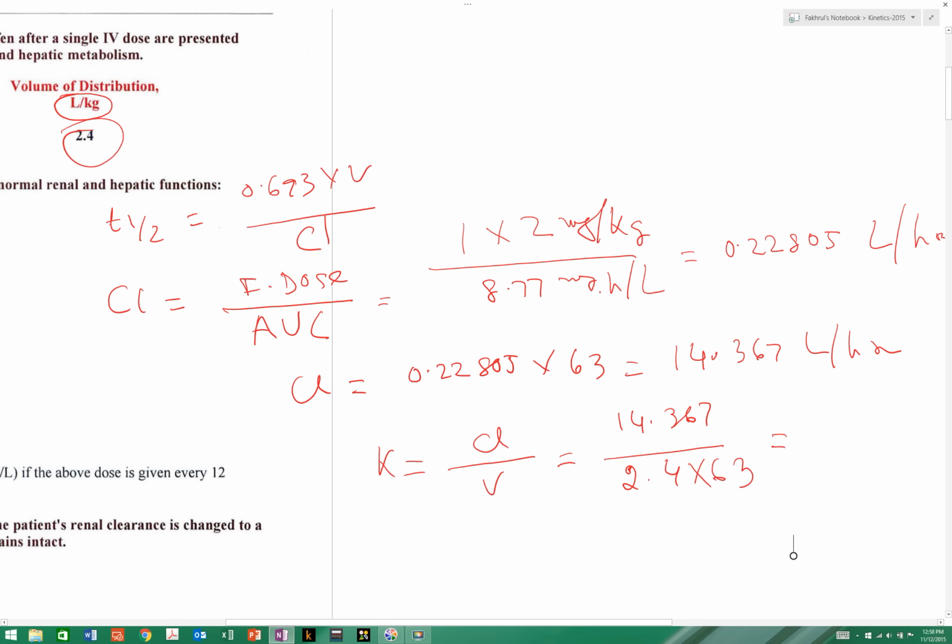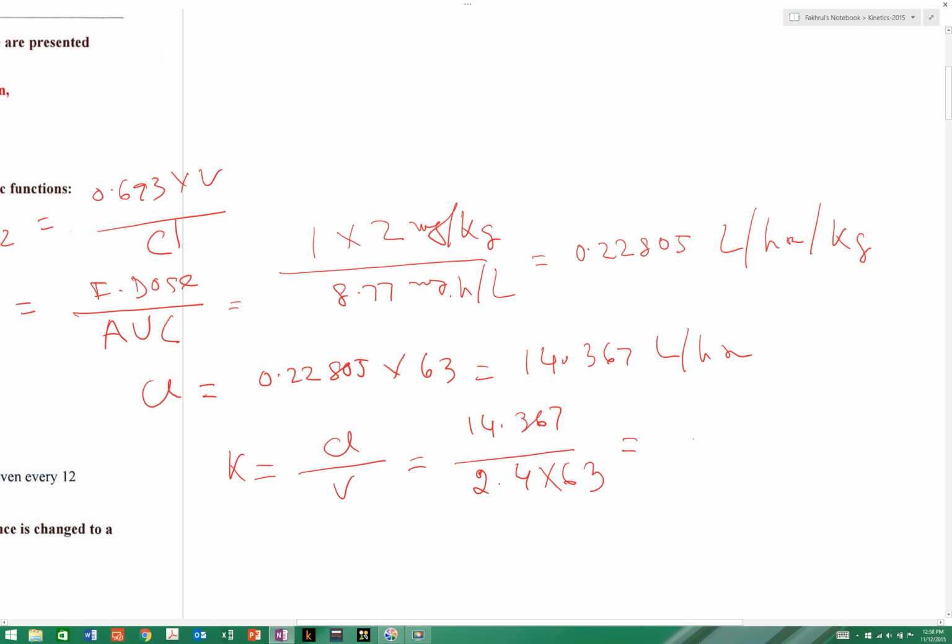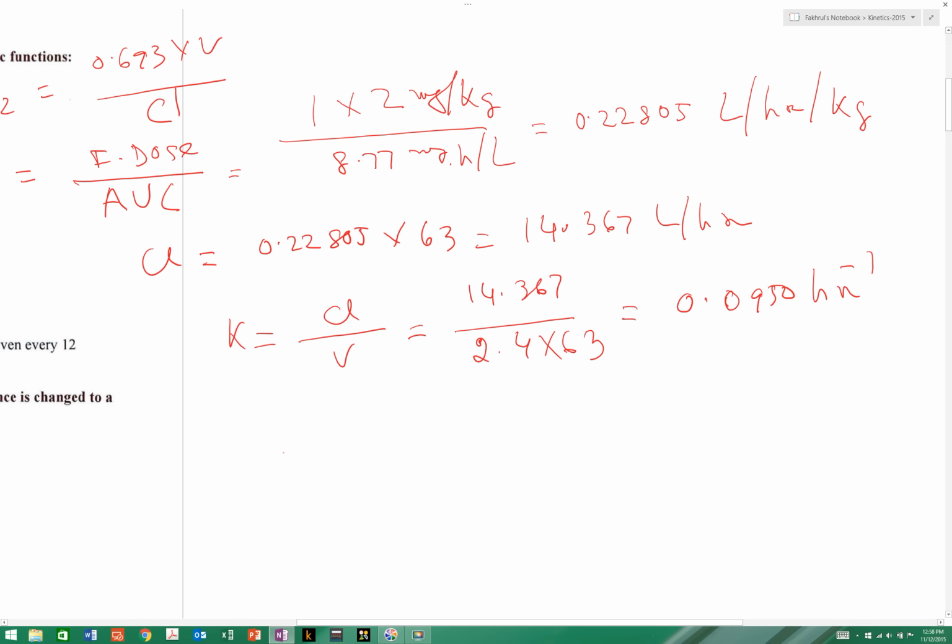This will give you K of 0.0950 per hour. Then you calculate T half. T half would be 0.693 divided by 0.0950. This is going to be 7.293 hours.